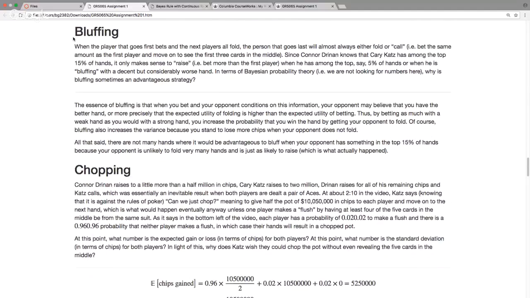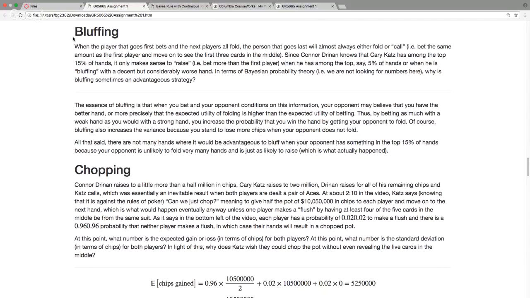Bluffing goes back to this idea of expected utility and conditioning on the information that comes as the bets come in. Basically the idea of bluffing is to bet the same amount that you would have if you had a good hand, even though you don't have such a great hand, or a better hand than what your opponent is likely to have.